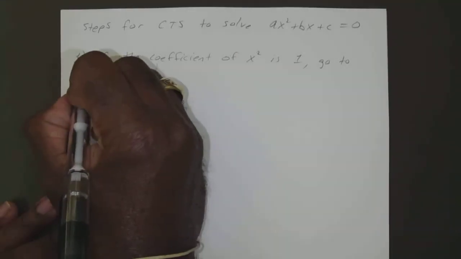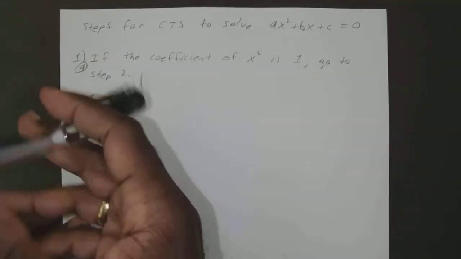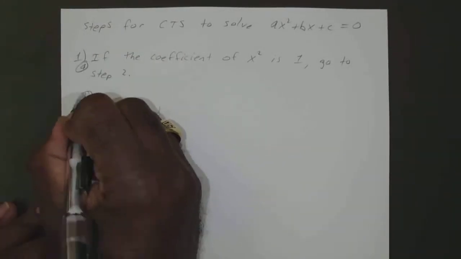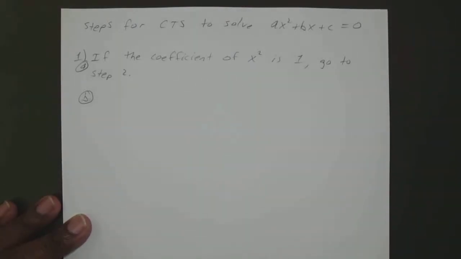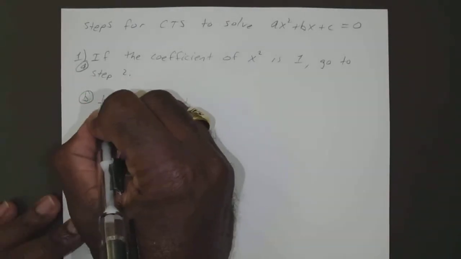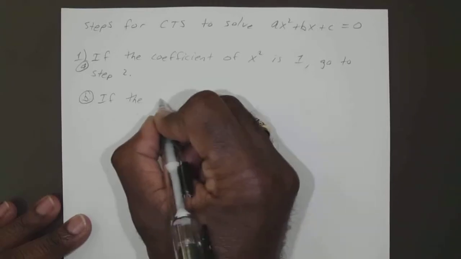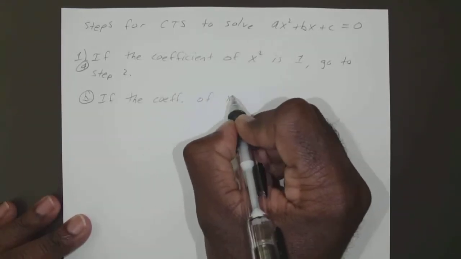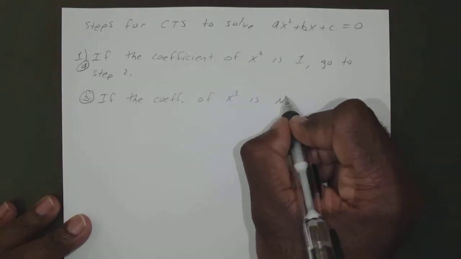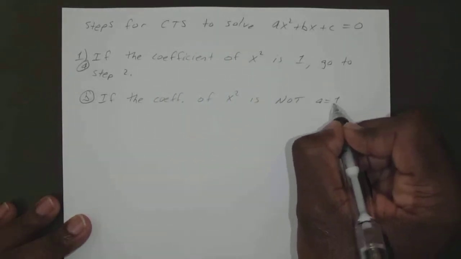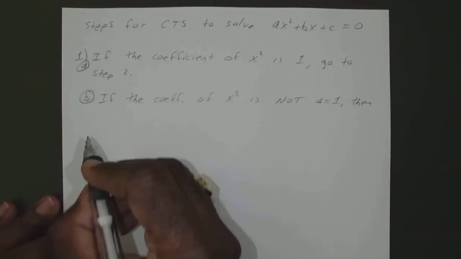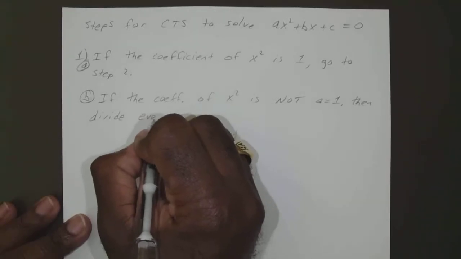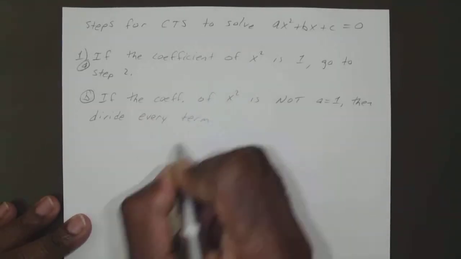Let's say this is 1a and 1b. If it's any number other than 1, then you divide by that number. So if the coefficient of x squared is not 1, then divide every term by that a value.